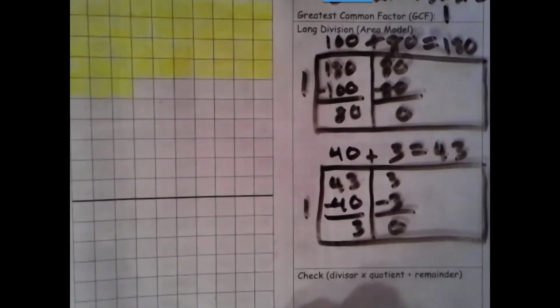So now we need to do our checking with our inverse operation. Divisor times quotient plus remainder. But since our remainder for both is 0, and the identity property of addition says when you add 0 it stays the same, we don't need to actually add 0. And what ends up happening here is we have the identity property of multiplication that says when you multiply by 1, it stays the same.